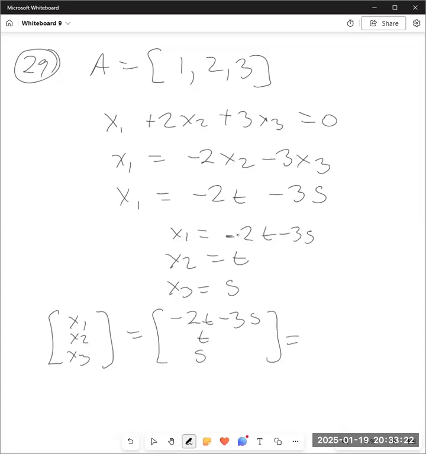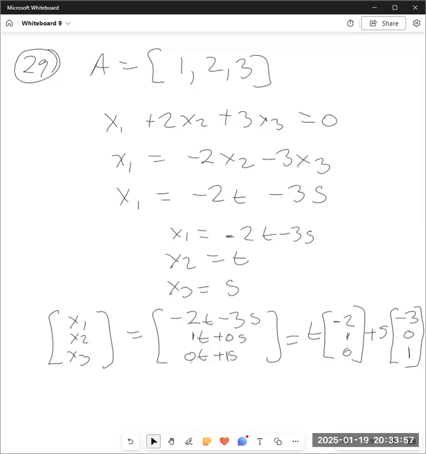I want to separate that into a part that is t's. So that's -2, 1, and 0, following my coefficients. I'm going to write it out more explicitly like that, so you can see where there's 0 coefficient of t here, 0 coefficient of s there. And that's going to give me -3, 0, 1 here for my s.